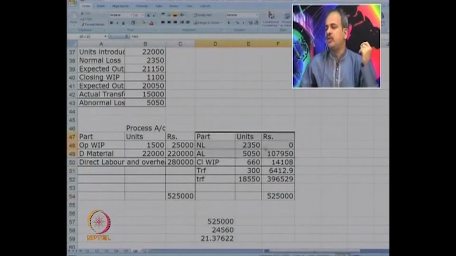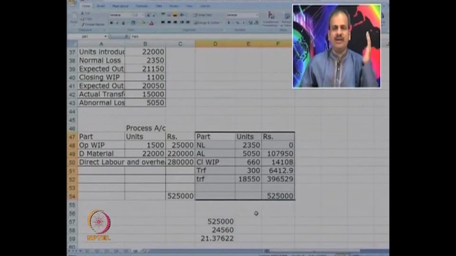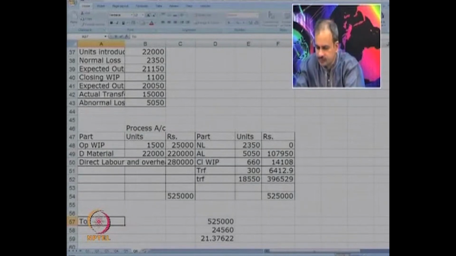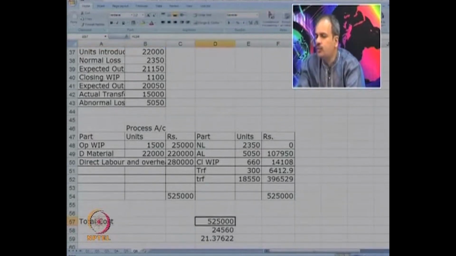Now before going to credit side, we need to calculate the cost per unit, which is our main requirement for calculating the cost of finished goods. So the total cost is 525,000.